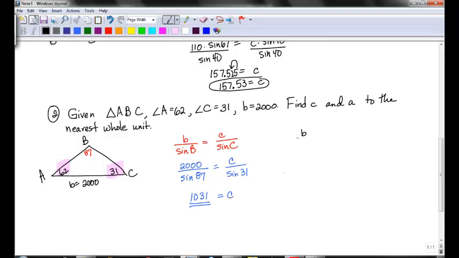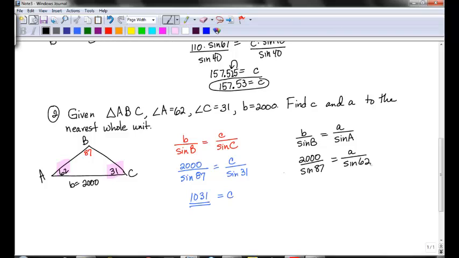So I can go B over the sine of B equals A over the sine of A. My B is 2,000. That's given. Sine of 87. A and sine of 62? Then cross multiply. On your calculator, take 2,000. Be very careful.